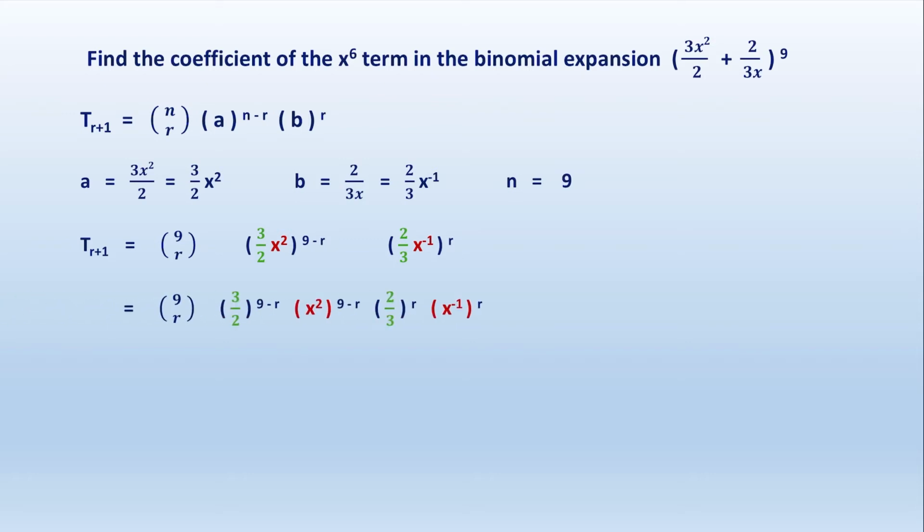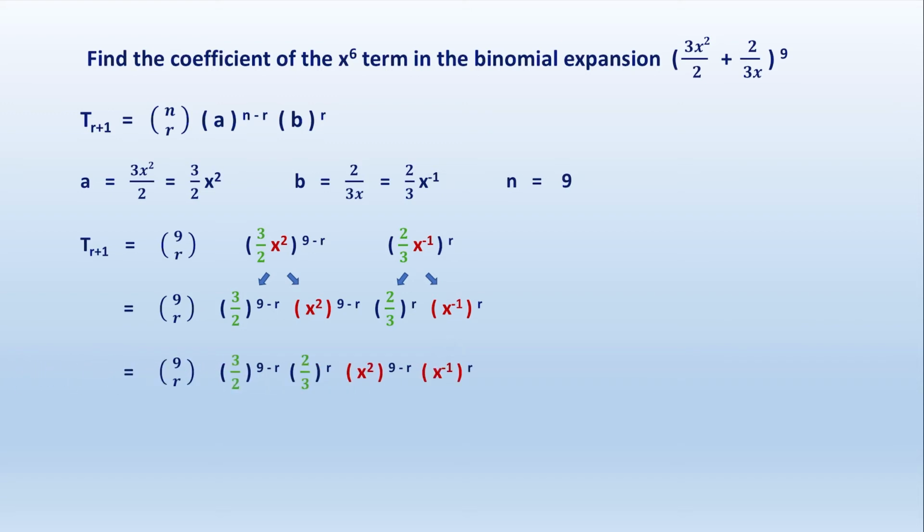In the next step, we want to split (3/2 x squared) to the power of 9 minus r into (3/2) to the power of 9 minus r and (x squared) to the power of 9 minus r. Similarly, for the second term, we split (2/3 x to the power of -1) into (2/3) to the power of r and (x to the power of -1) to the power of r.